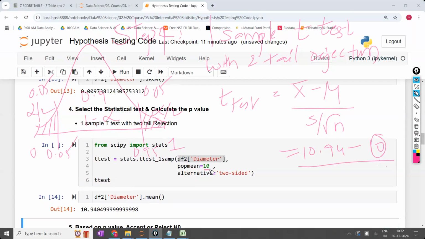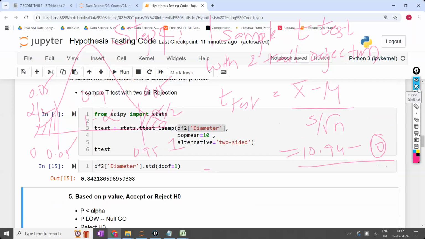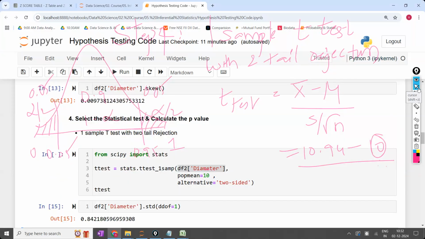And what is the S value? The standard deviation. What is the ddof I have to give? 1, because it is a sample. And the value is 0.842.